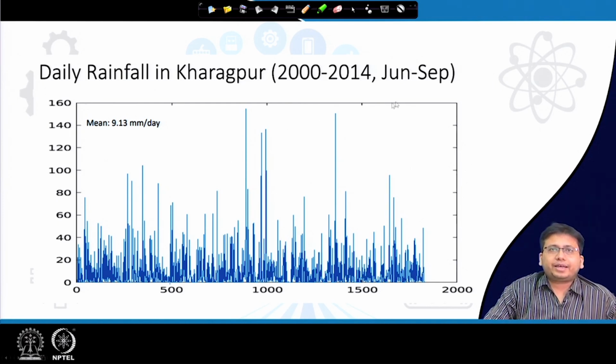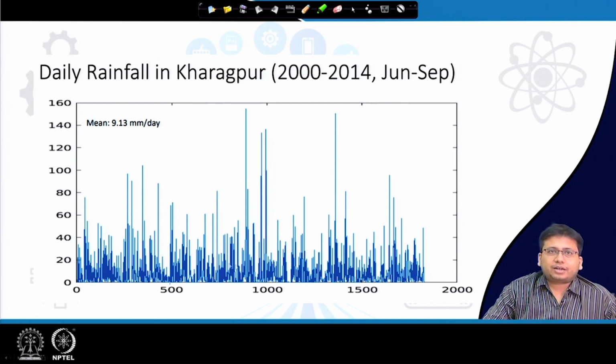So, why did we choose this particular period, June to September? That is because this is the monsoon season, and most places in India including Kharagpur receive at least 80% of their annual rainfall during this monsoon period only. Now, the daily mean rainfall here is 9.13 millimeters per day.